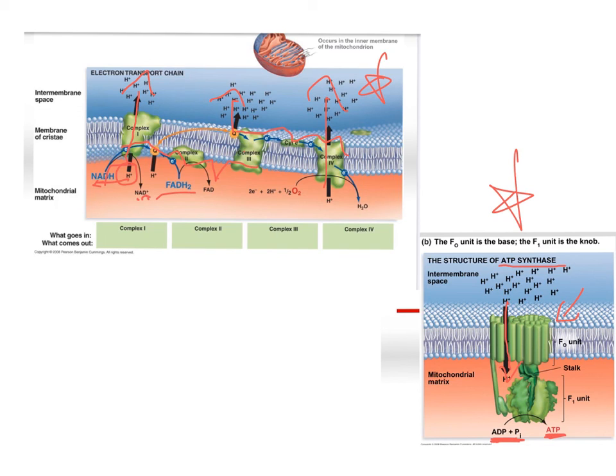Okay, and that's the key. So while, yeah, we're paying attention to the electrons, what's really important here is the concentration gradient, because that's going to give us the energy to crank our ATP synthase enzyme, and the energy from that is going to be able to generate the synthesis of ATP. Okay, that's what's important here.